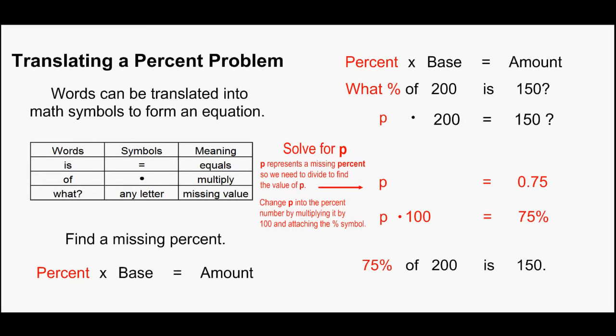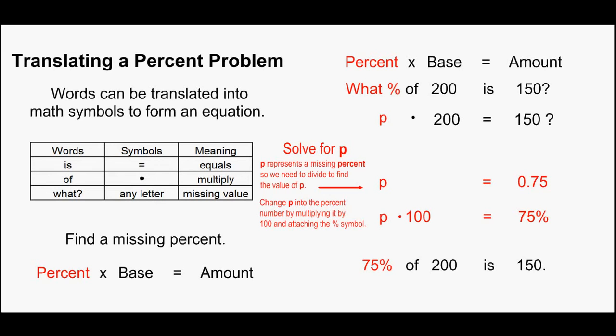Let's try one more example. What percent of 200 is 150? Again, let's use the variable P for the missing percent. Of is multiplication, the base is 200, is is the equal sign, the amount is 150.